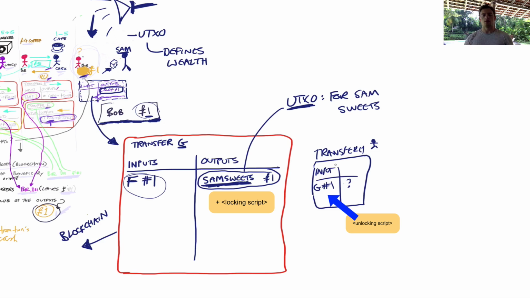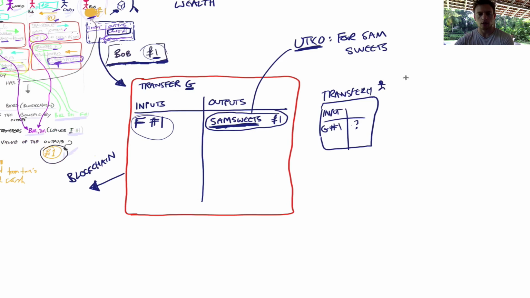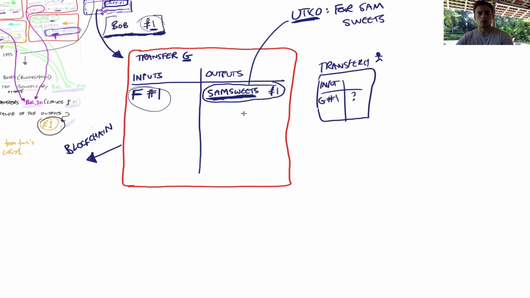So I'm going to take this back to the actual unlocking and locking script, right? And I'm going to give a slightly silly example. You're probably used to silly examples by now. So let's say that instead of paying Sam Sweets, Bob decides, you know what, I'm not actually feeling hungry right now.